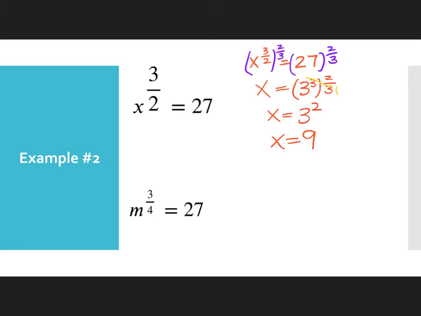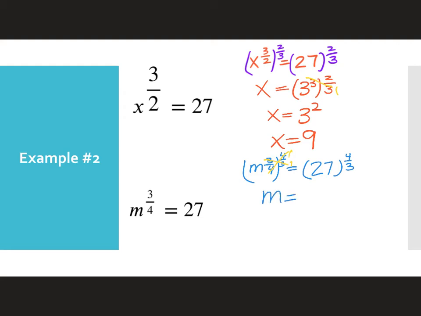The same thing with the other one down here on the bottom. I have m to the 3/4 is equal to 27. So I'm going to raise both sides to the 4/3. Again, this is 1 and this is 1. On the left side, I have m.